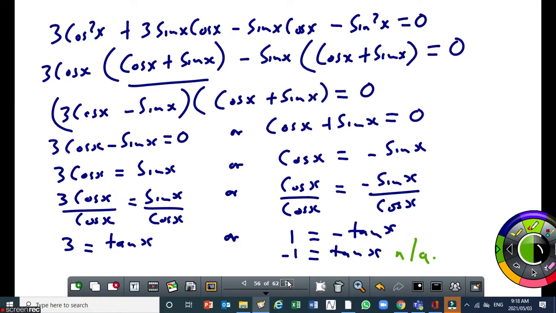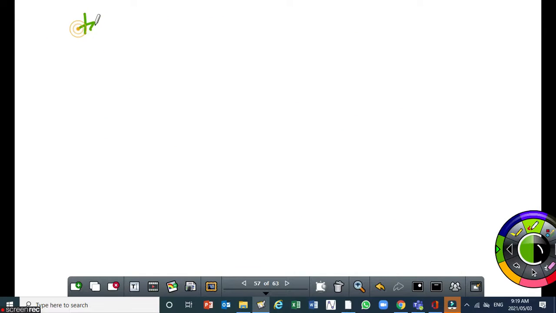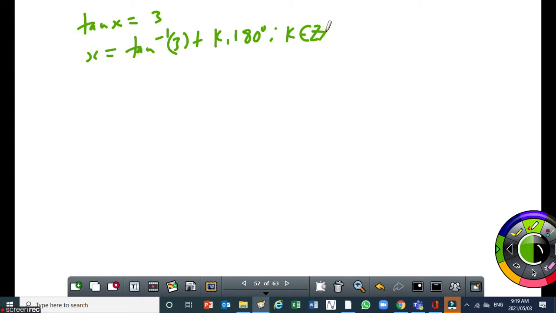So once we get to the last point, 3 equal to tan x, I hope you all appreciate that this is the same as tan x equal to 3. Right, then we introduce the general solution. So this means tan x is equal to 3, therefore x is going to be equal to shift tan of 3 plus k times 180, where k is an integer.